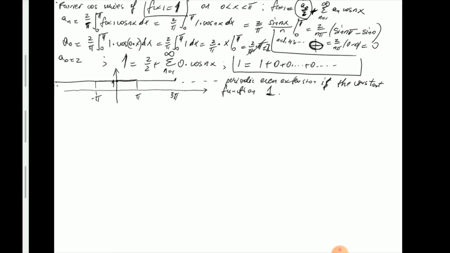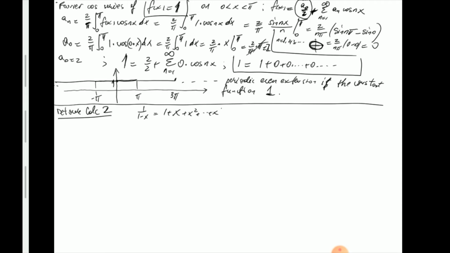I would like to compare this situation to what you learn in calculus 2 about power series. So for example, let's make a detour on calculus 2. In calculus 2, you had various functions that you could write as power series, right?